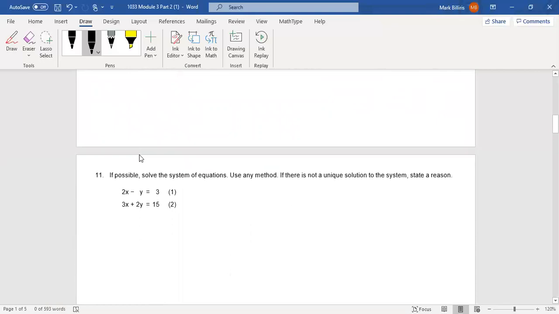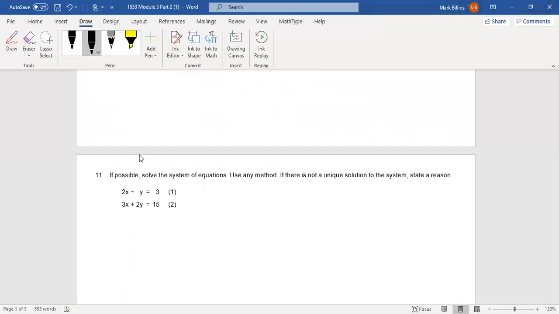Next example, again, we're going to continue on with the elimination method. So here I have 2x minus y equals 3 and 3x plus 2y equals 15. So if I added the equations as they are, neither x nor y would be eliminated. So what I need to do is multiply by whatever it takes to either make the x's opposite or the y's.